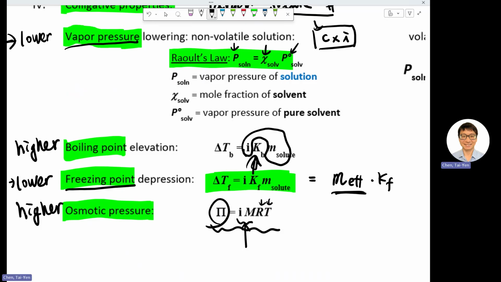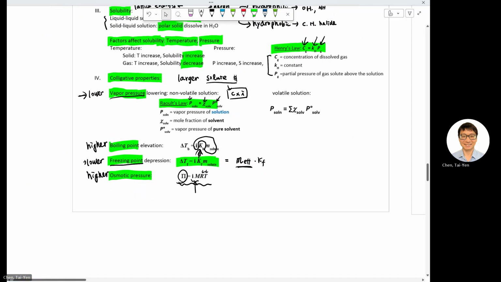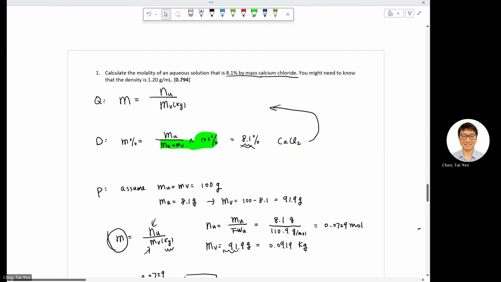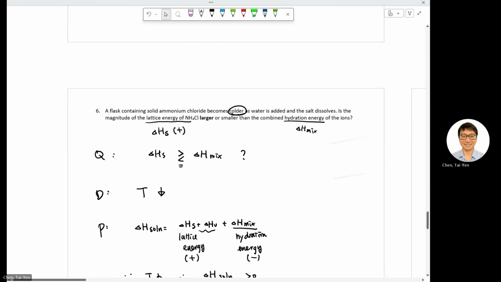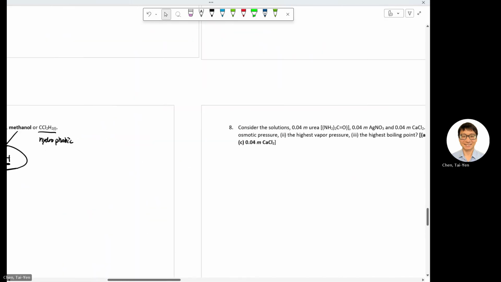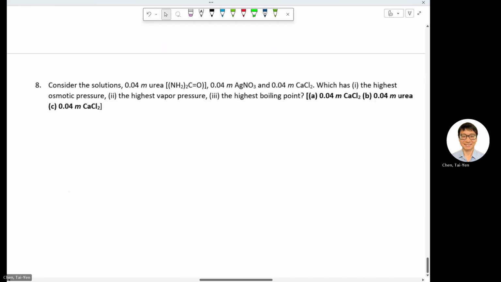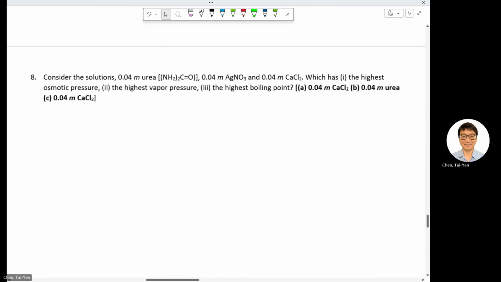All right, so let's look at a few questions to strengthen this idea. Okay, so look at this. It says: consider the solutions 0.04 m urea, 0.04 m AgNO3, and 0.04 m calcium chloride.